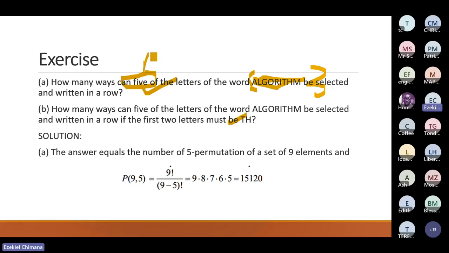This one will give us our n, and then you just plug into your formula. You need to count the letters in this word: 1, 2, 3, 4, 5, 6, 7, 8, 9. So your n is 9. This algorithm will become your set, and this 5 will become your r.